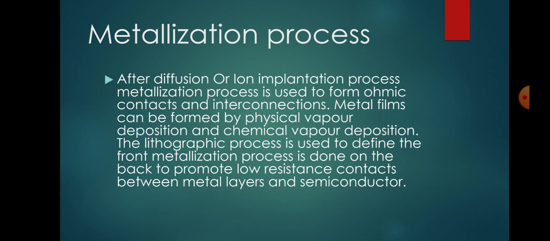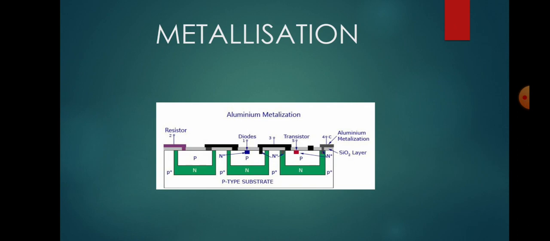The lithographic process is again used to define the front contact, which is as shown in this diagram, and a similar metallization step is done on the back contact without using the lithographic process. Normally a low temperature anneal, that is less than 500 degrees centigrade, would be performed to promote low resistance contacts between the metal layers and the semiconductor.